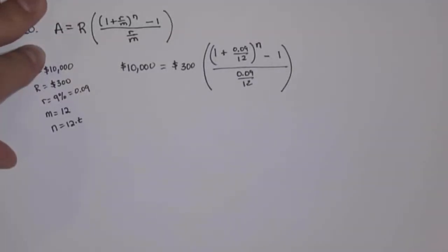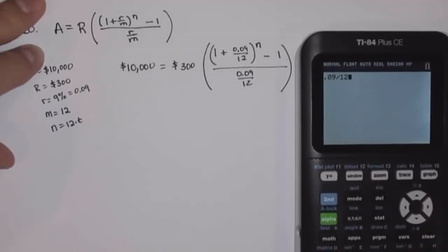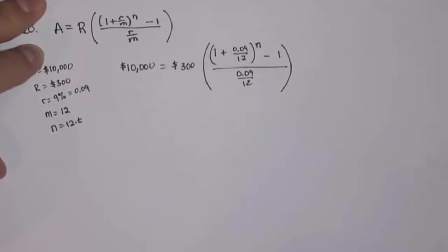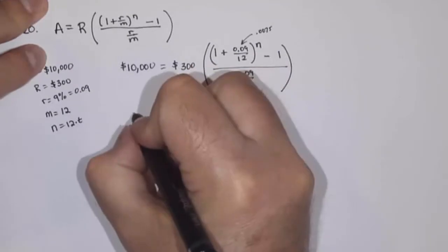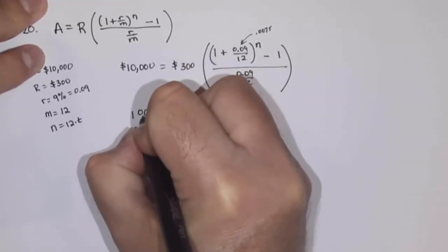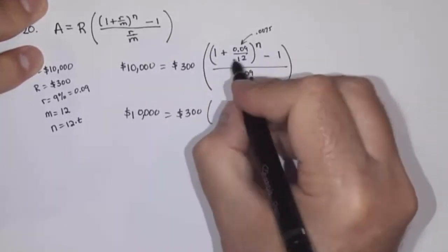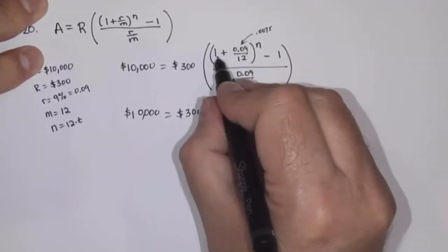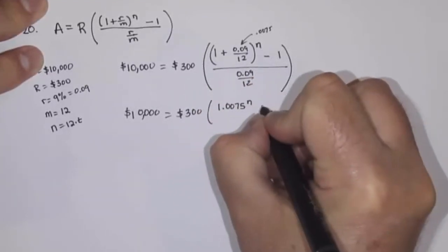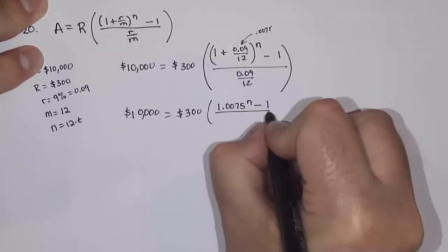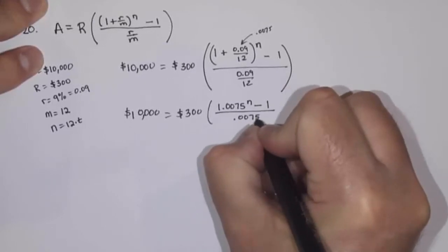So, if I take 0.09 divided by 12, that is 0.0075. So I have 10,000 equals 300 times (0.0075 plus 1, which is 1.0075, raised to the n, minus 1) over, again, 0.09 divided by 12, which is 0.0075.